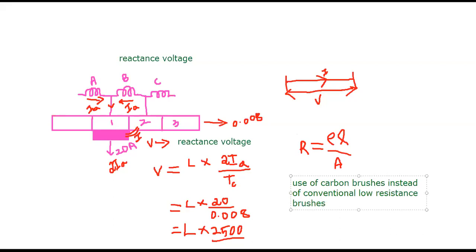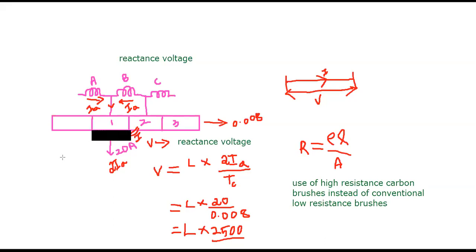Instead of using low resistance conventional brushes, now we are going to use high resistance carbon brushes. Now consider I am going to replace this low resistance brush with the high resistance brush.